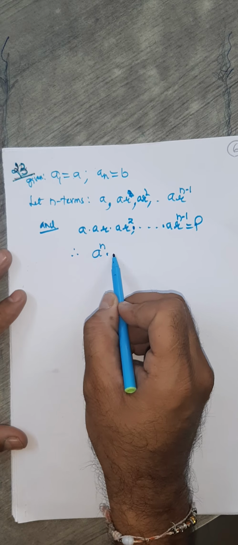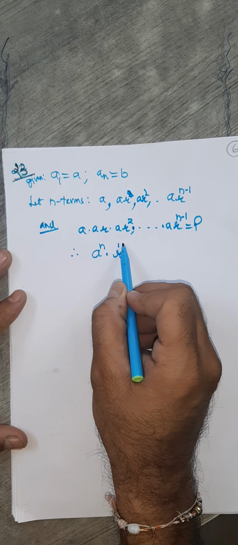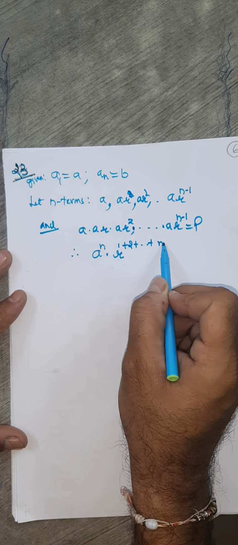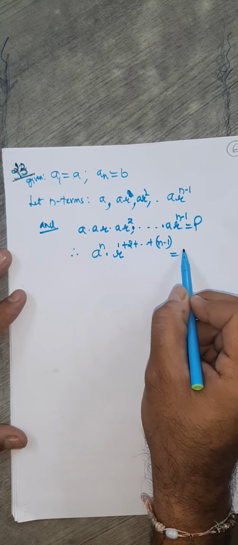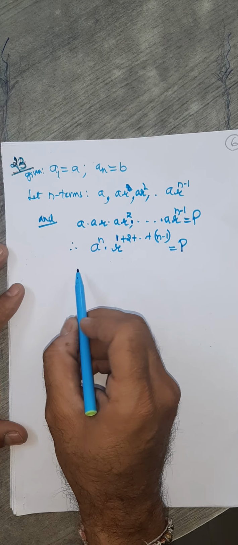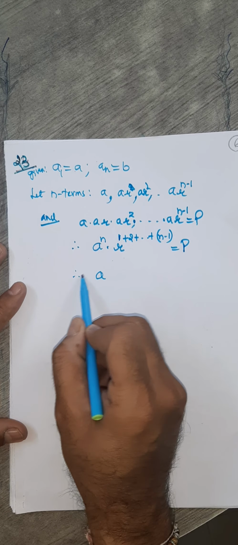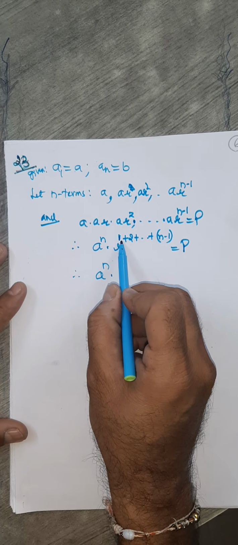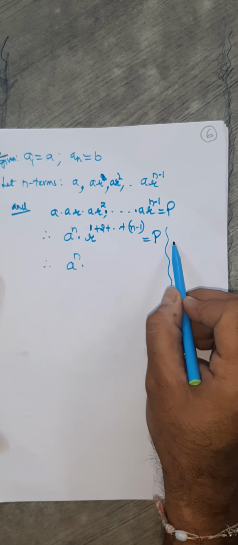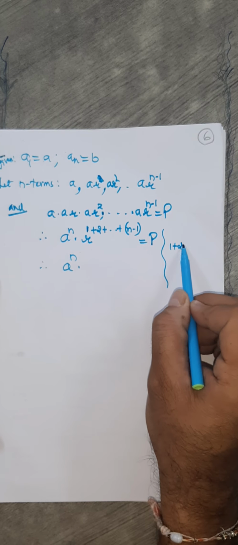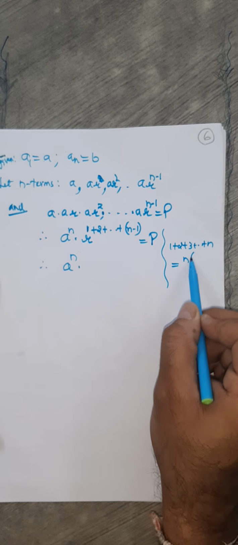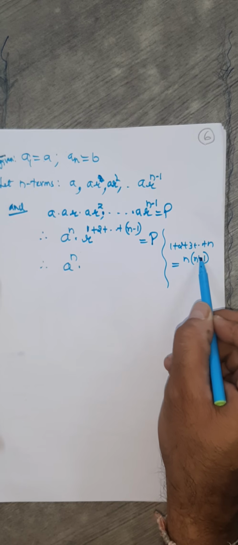A raised to n. Here r is raised to 1 plus 2 and so on up to n minus 1, equals P. Now this you probably know, otherwise you will come to know later on in this chapter: the sum of the first n natural numbers, 1 plus 2 plus 3 up to n, is n into n plus 1 by 2.